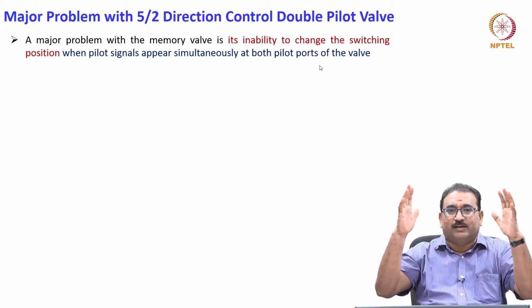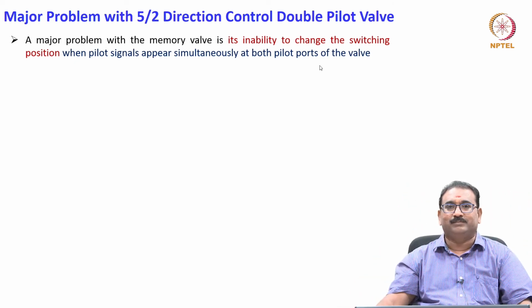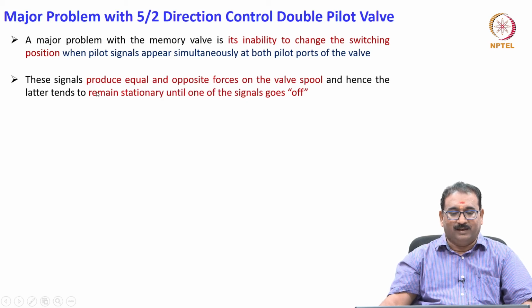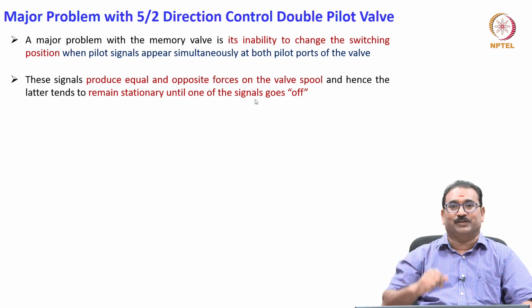It will get stuck, whether I shift here or I shift here. These signals produce equal and opposite forces on the valve spool, and hence the latter tends to remain stationary until one of the signals goes off. This is what we can call signal conflict.